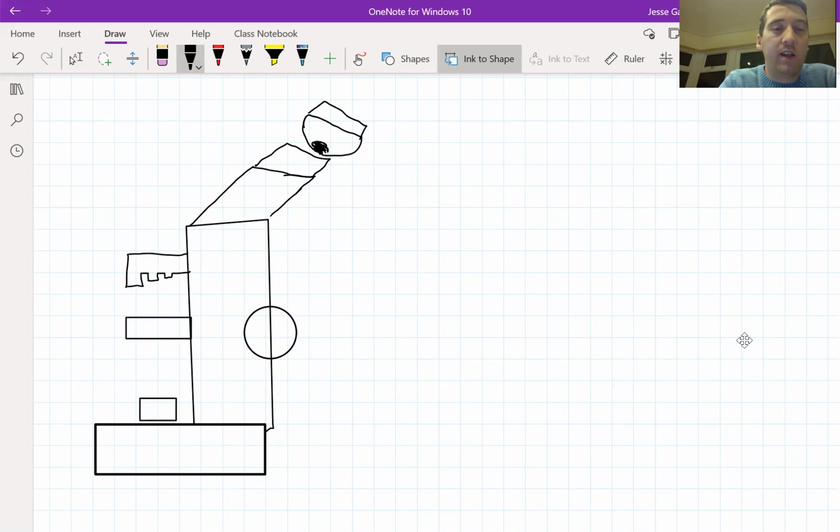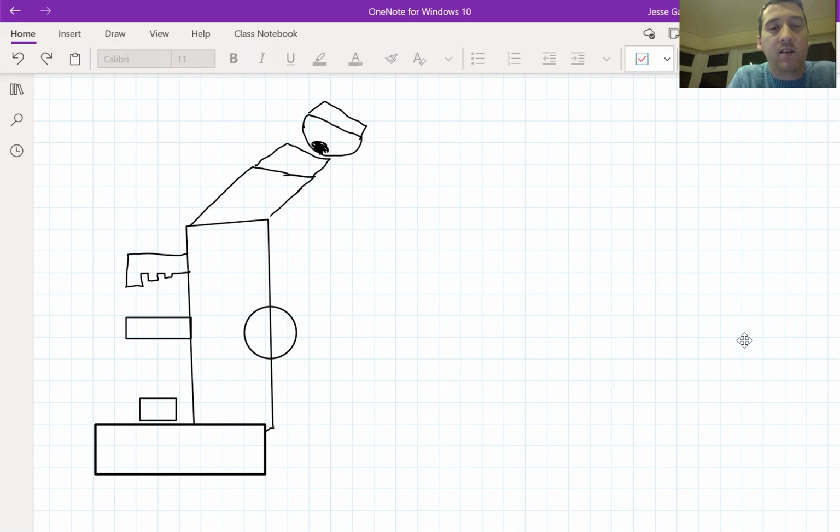These here are the objective lenses. It's called the objective lens because it's close to the object. There are 3 of these objective lenses, 1, 2, 3. So each of these is an objective lens.